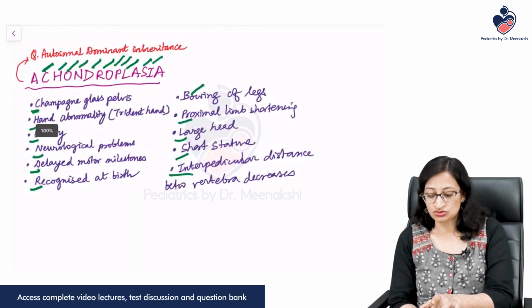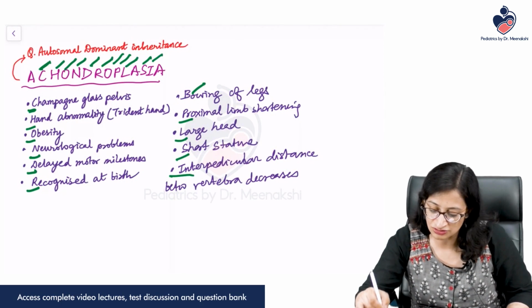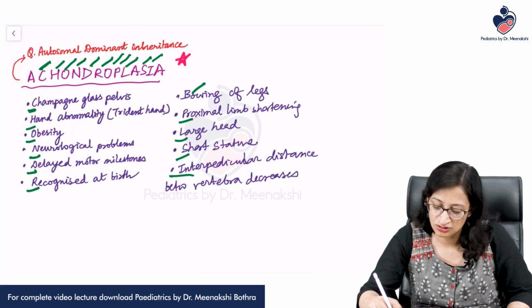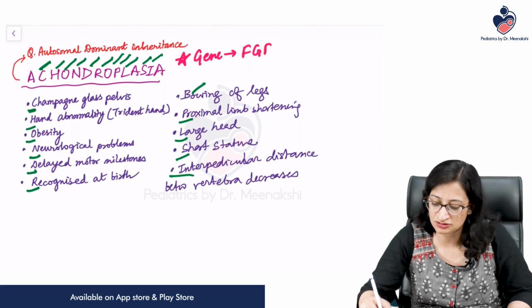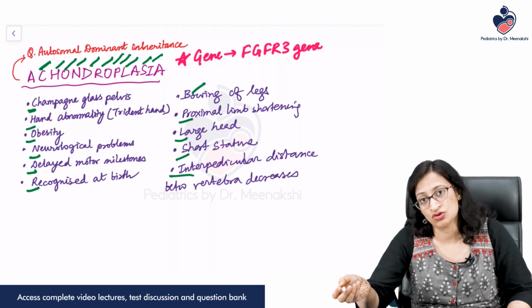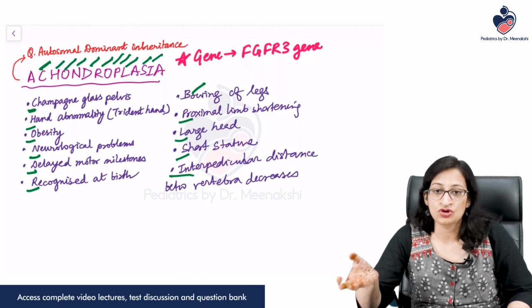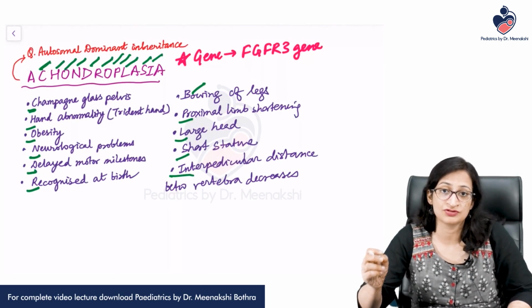It has got autosomal dominant inheritance, and what is the gene involved in achondroplasia, which can be a potential question for you. The gene involved is the FGFR3 gene. The fibroblast growth factor receptor gene is involved in achondroplasia. Okay. So that is about achondroplasia, a very important cause of short limb dwarfism.